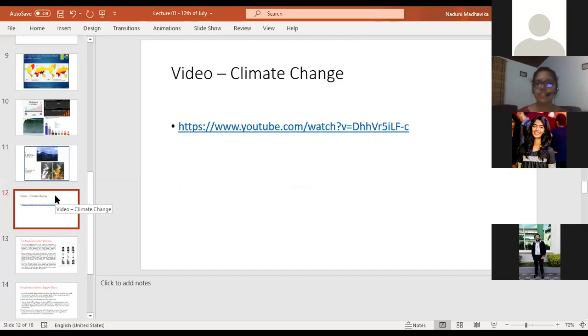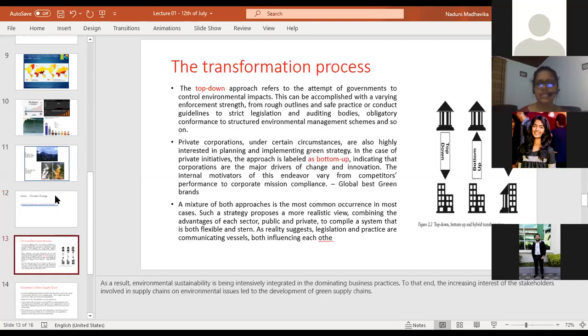This shift happens mainly because of three main reasons. The transformation process from traditional supply chain to green supply chain happens mainly because of these three approaches. First one is the top-down approach.